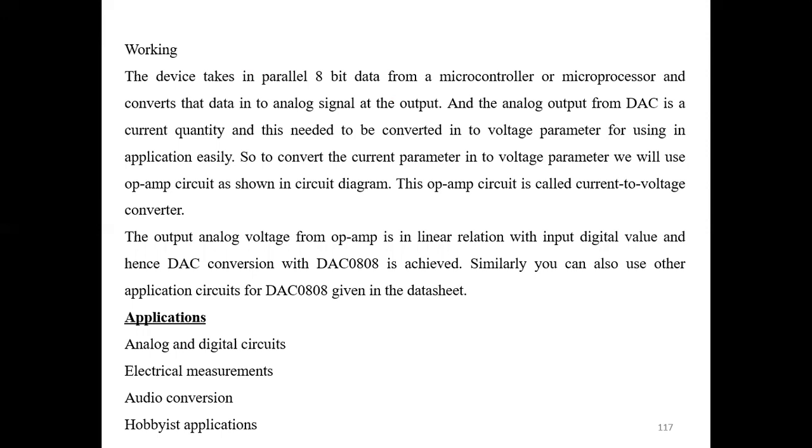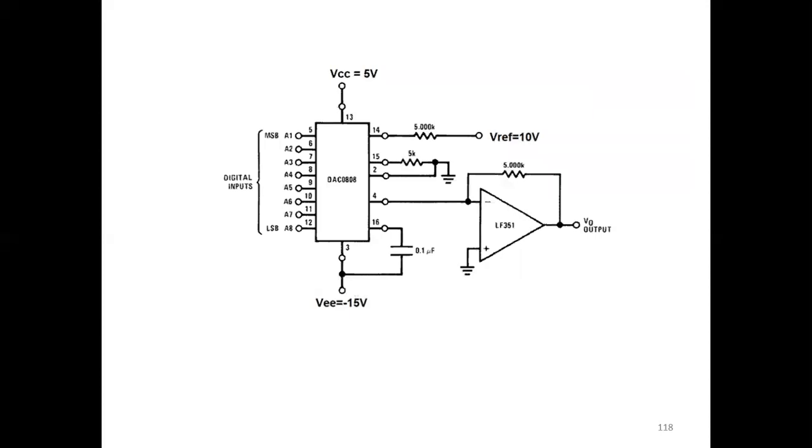To convert the current into voltage, we use an op-amp circuit as shown in the circuit diagram. This op-amp circuit is called the current to voltage converter. Applications are analog to digital circuits, electrical measurements, audio conversions, and so on. This is the typical diagram of the DAC0808.